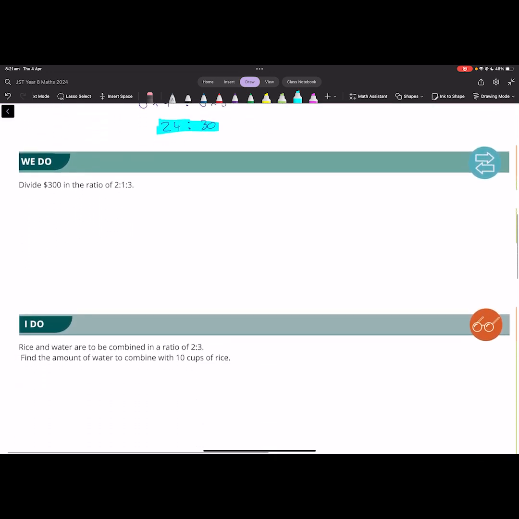It doesn't matter if we have multiple parts in the ratio, like this one, 2 to 1 to 3, instead of just 2 numbers in our ratio. This process works exactly the same. What's the total number of parts we have? 2 plus 1 plus 3, or 6 again. What's one part of the ratio worth? 300 divided by 6, 50.